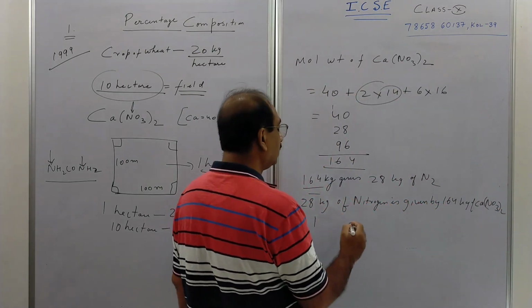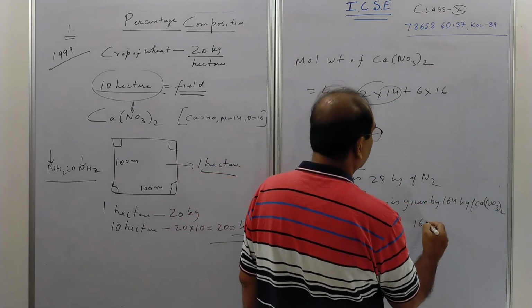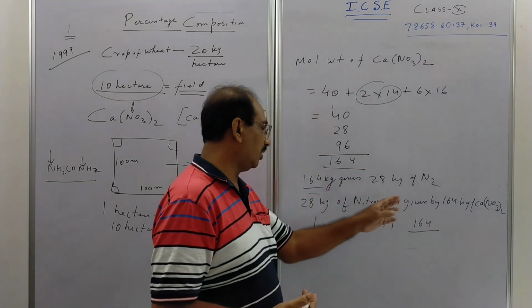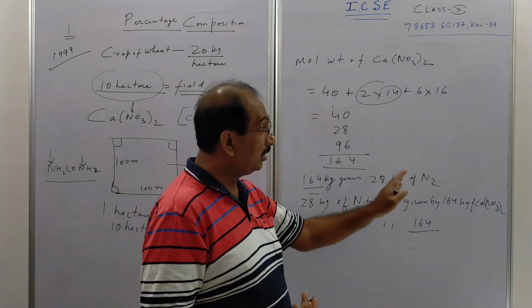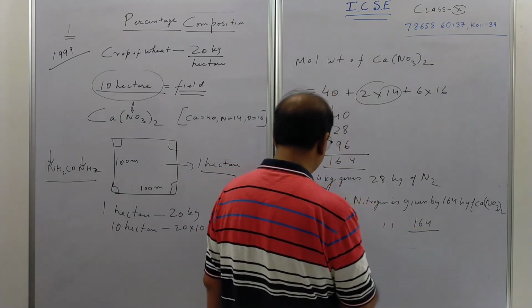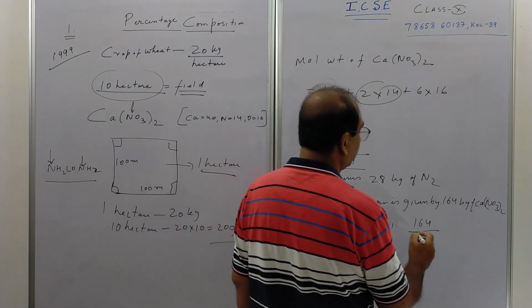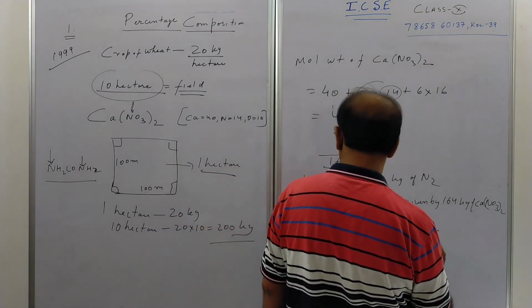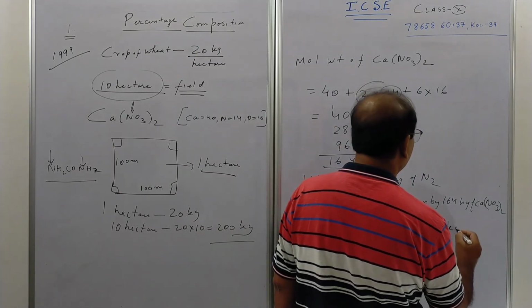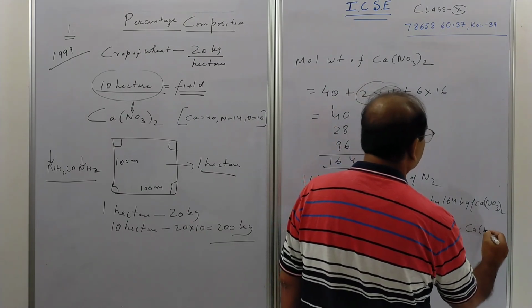So if you require 1 kg of nitrogen, you need more than 1. For 28, we need 164. So for 1 kg of nitrogen, we require 164 by 28 kg of fertilizer calcium nitrate.